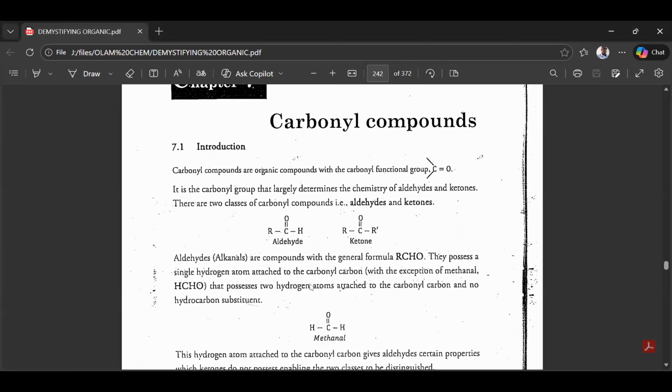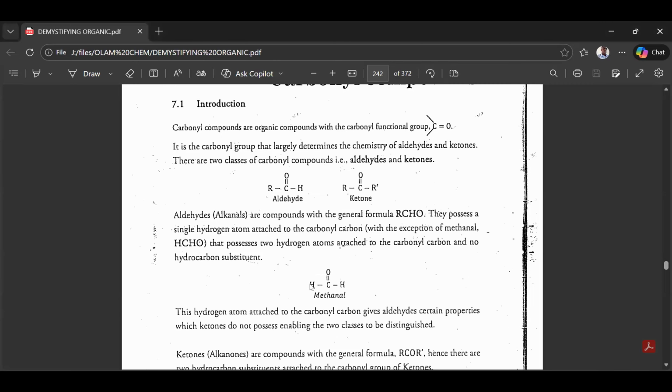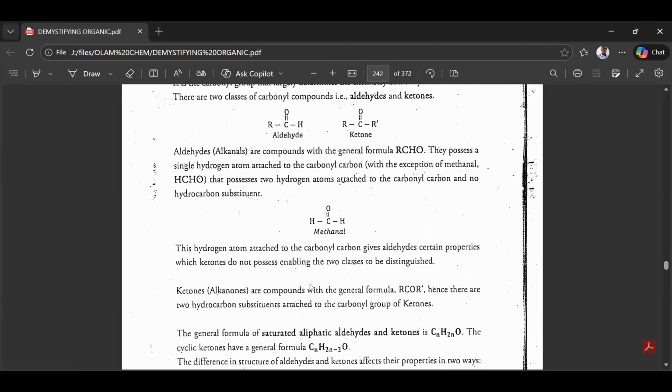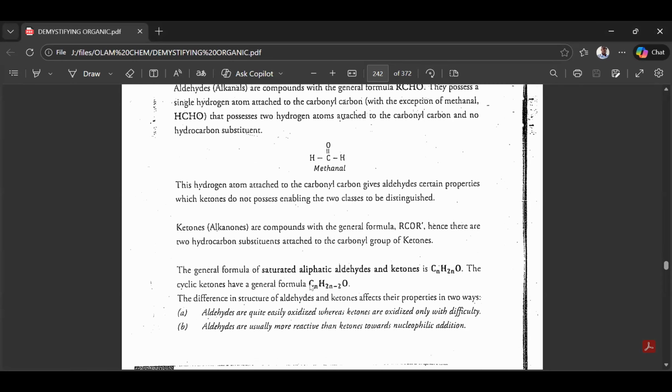we are going to see that the formula for ketones and aldehydes is CnH2nO.